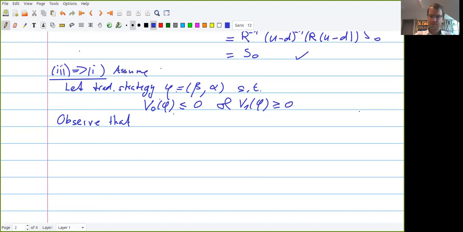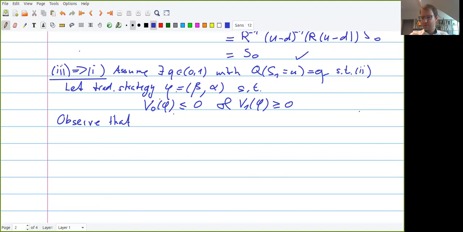So assume there exists a Q such that S0 is indeed the expected value of S1 divided by R.